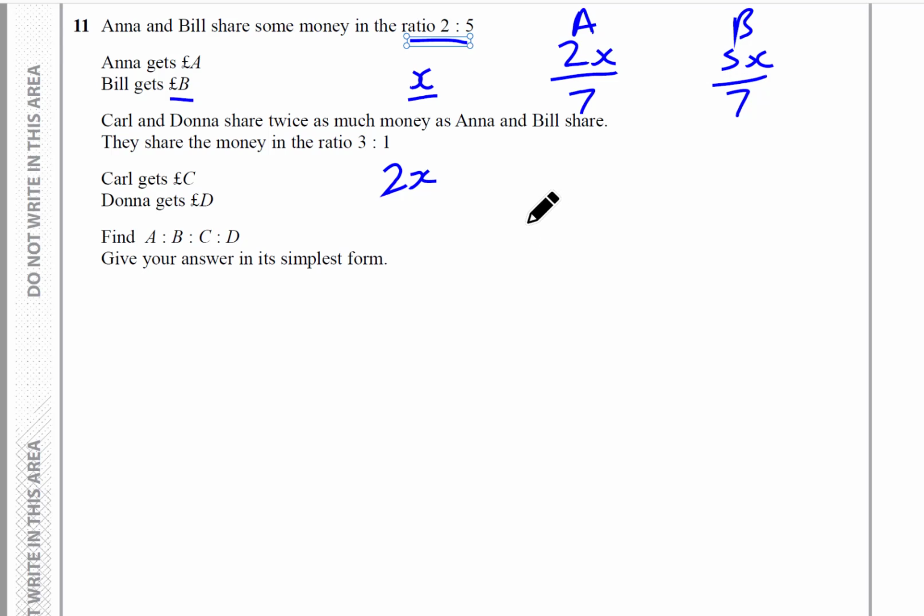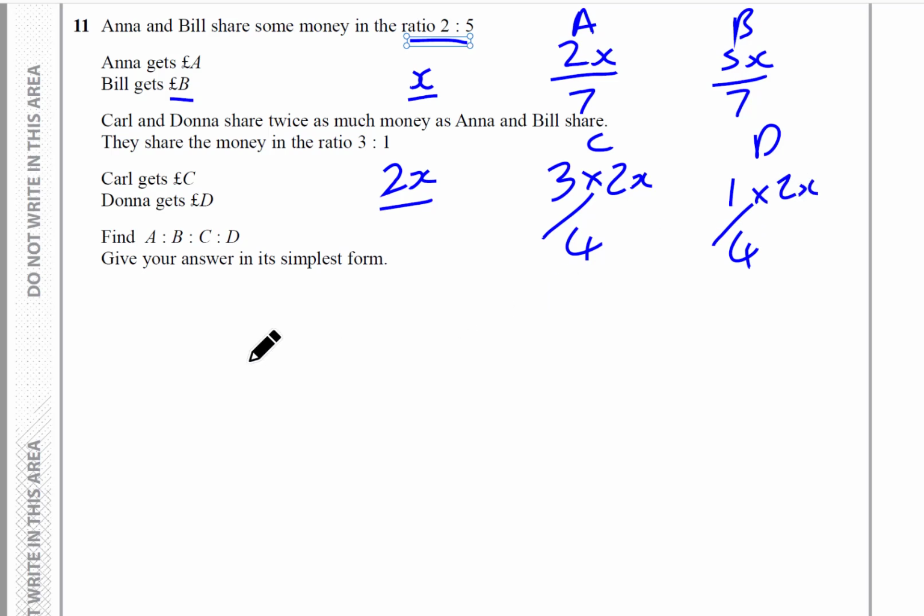Now Carl and Donna, well, Carl gets 3 out of 4, can you see, that's 3 out of 4, but he's got a times 2x, because that's what they share. And Donna gets 1/4 times 2x, because that's how much they're sharing.